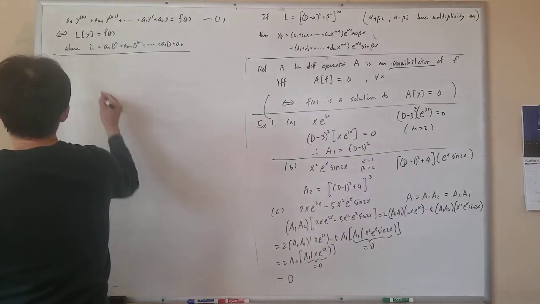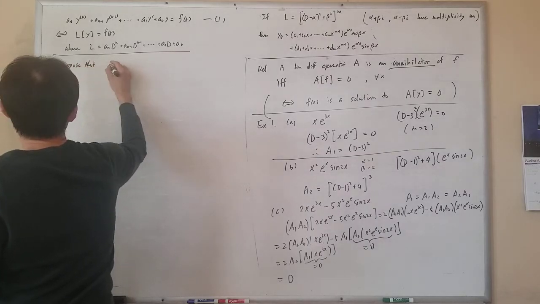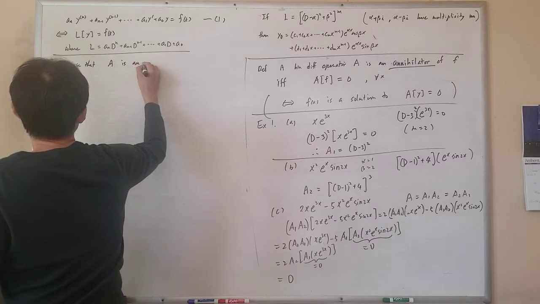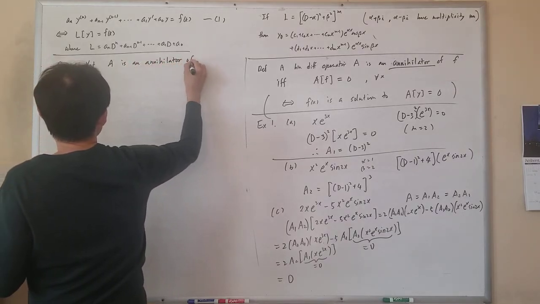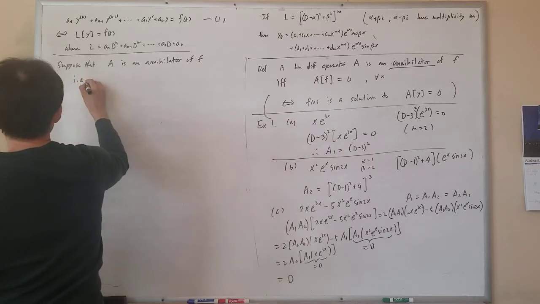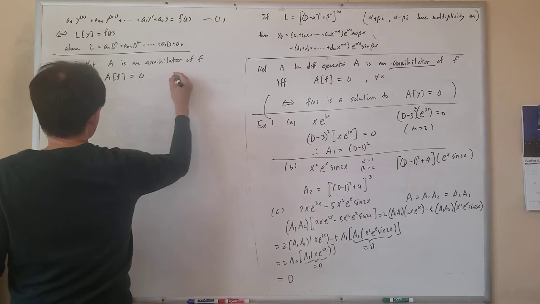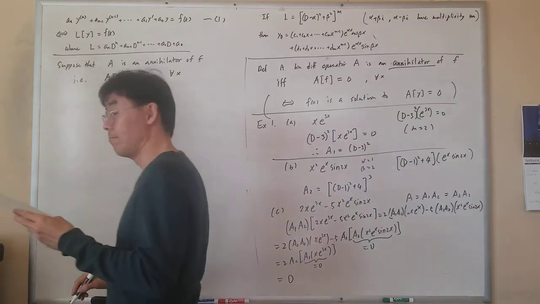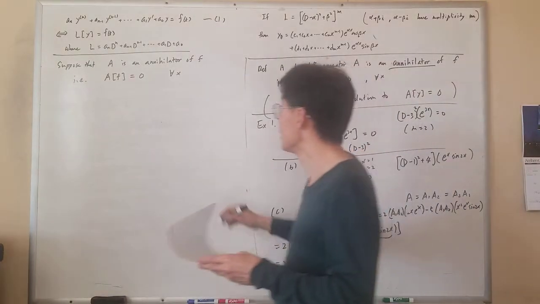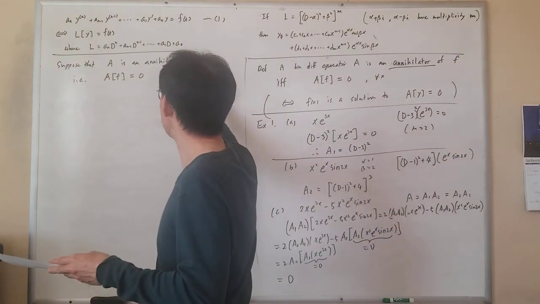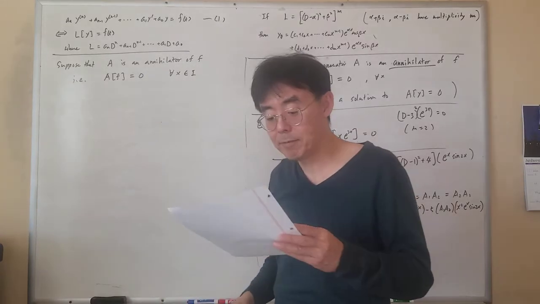Now, suppose that A is an annihilator of f, that is, A of f makes it a constant zero function for all x, completely annihilating it in an interval where these coefficients are defined.